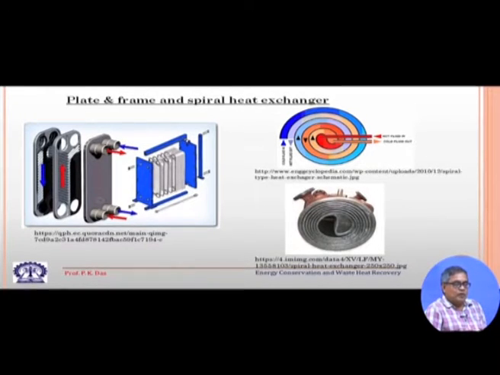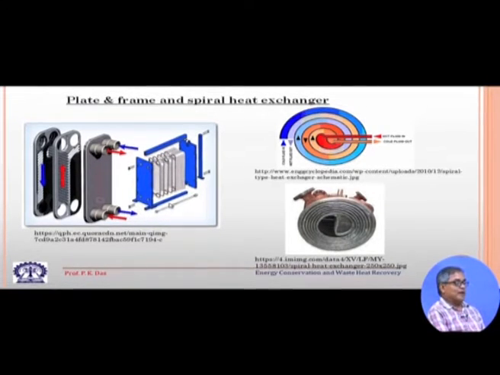That is possible only when there is close contact between the two fluids, and the spiral plate heat exchanger gives one such design. The physical construction of the spiral plate heat exchanger will be clear from the photograph below.